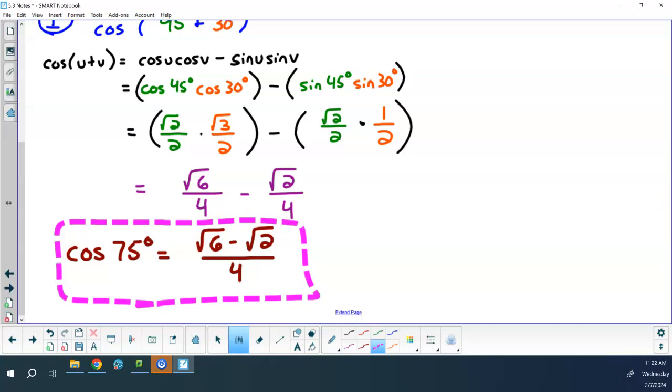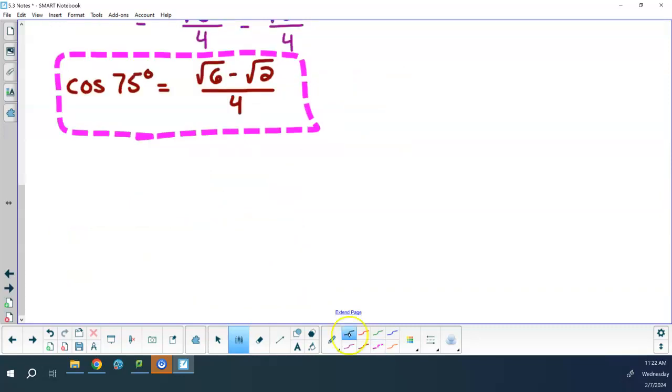Now, let's do this one a different way. Give me another combination of two unit circle angles that gets me 75 degrees. Either one of those are on the unit circle.